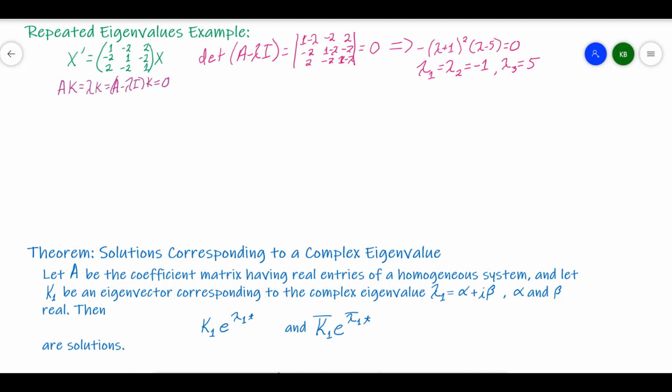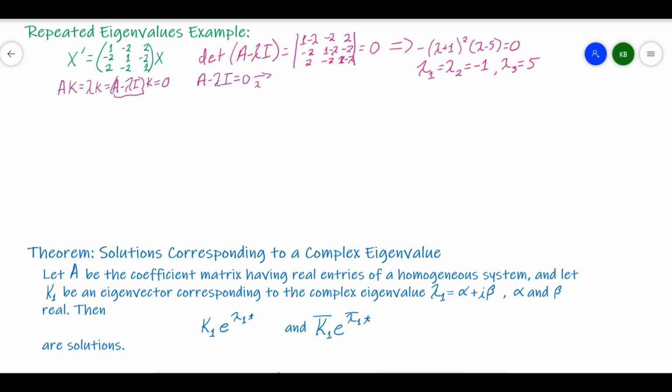And since we don't want our eigenvector to be 0, then we know that A minus lambda I must be 0. So if I have A minus lambda I equals 0, then I plug in negative 1 for lambda.